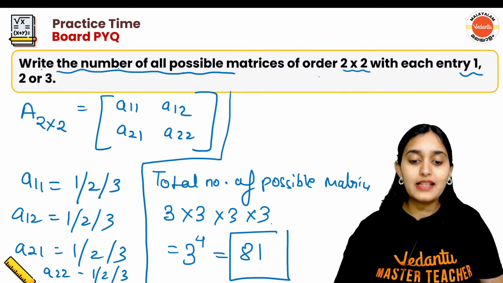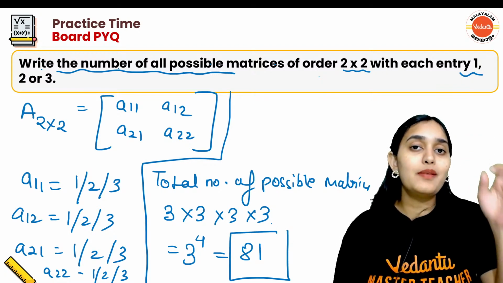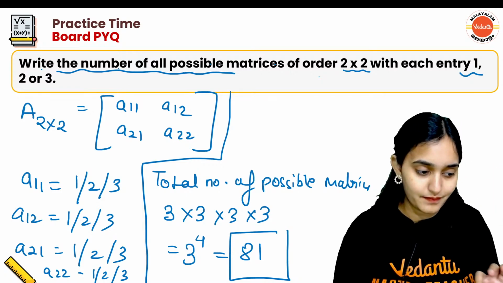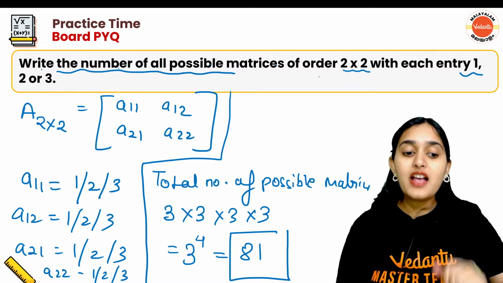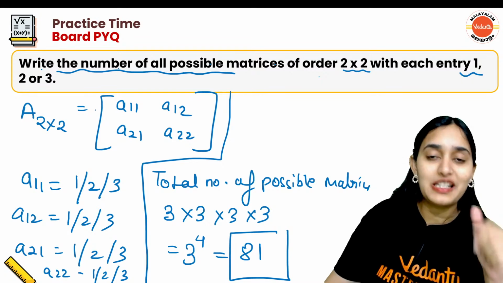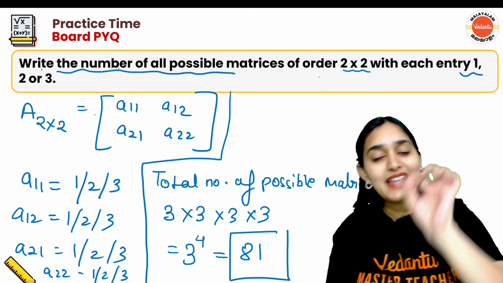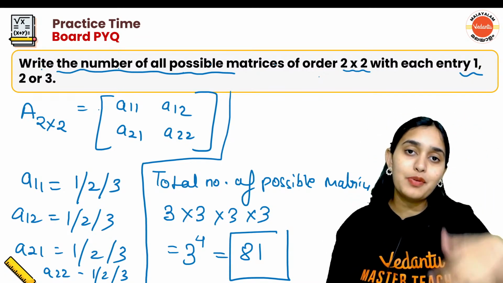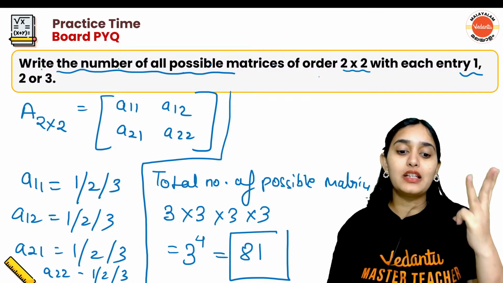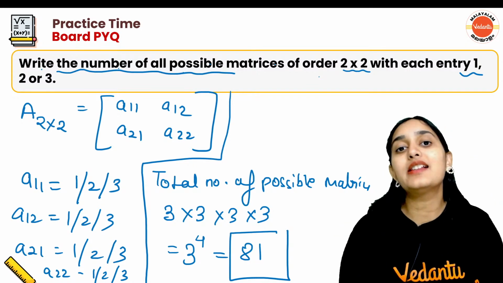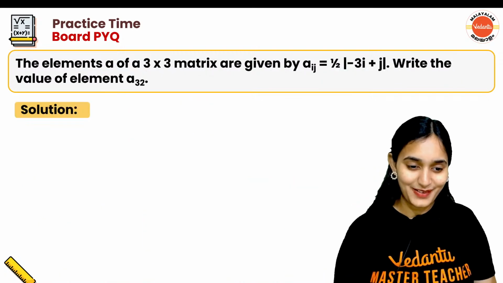So my answer is 81 possible matrices. Clear? Why? Because first position 3 different ways, second position 3 different, third position 3 different numbers, fourth position 3 different. So 3 3 3 3. That is a counting problem.